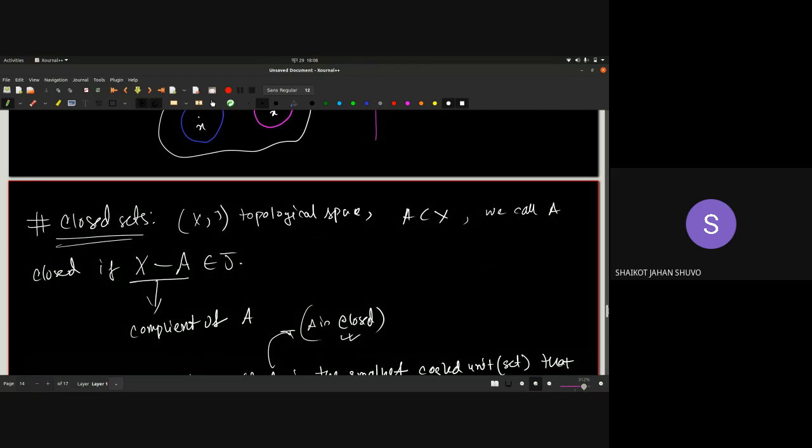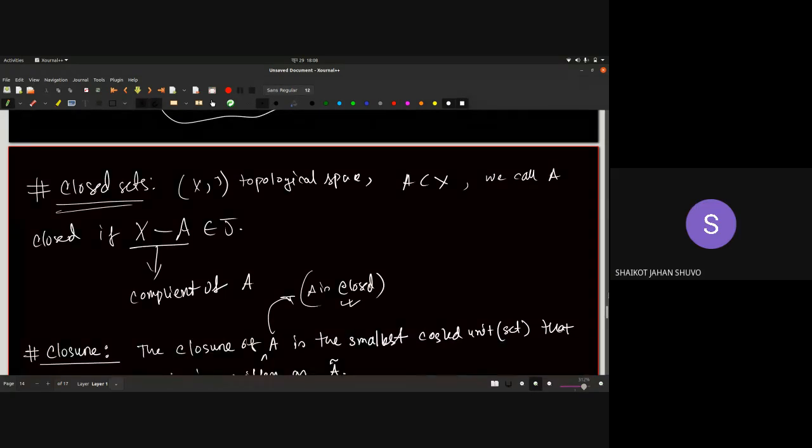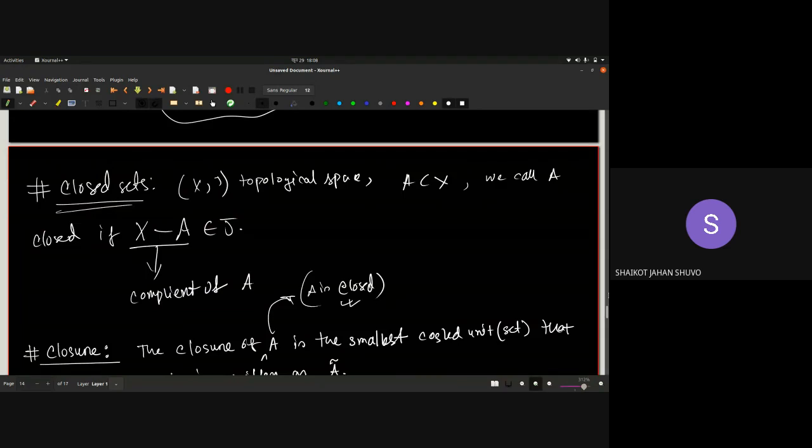No, I said if you want to prove that A is a closed set, then you have to show that the complement is open. Oh, I get it. At first you start with some arbitrary A, and you want to show that this is closed, right? If it's open, there is no point in trying to prove it to be closed. Do you get my point?